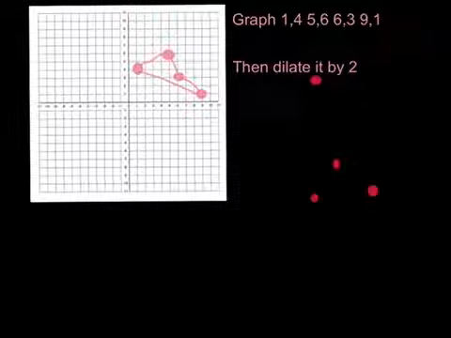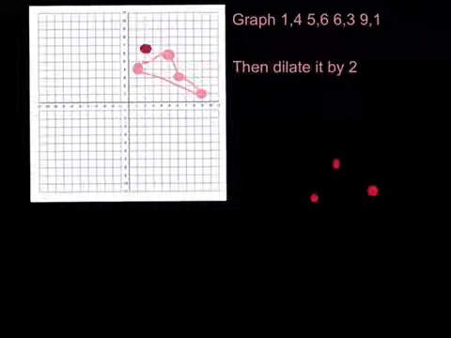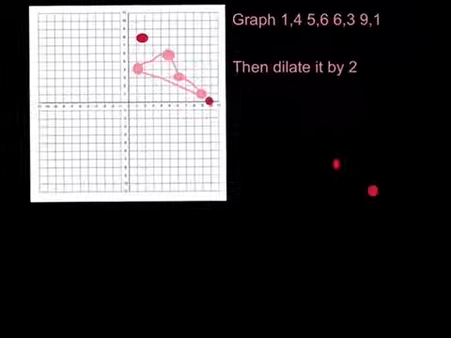Then this right here, that would be 2, and this would be 8. So then you go right here, then go up 8. And then this right here, that would be 10, and then the 6 would be 12. So then you'd go 10, and then you go all the way up to here.